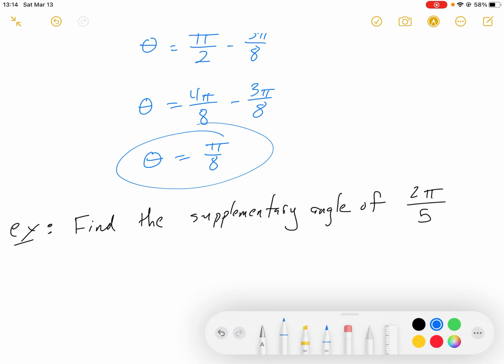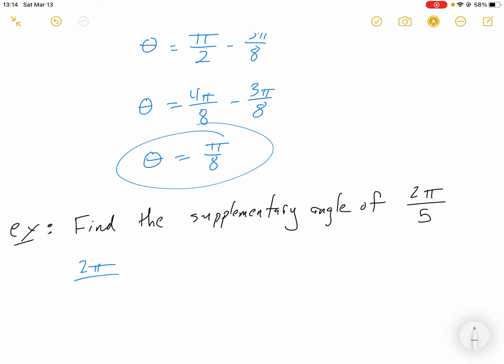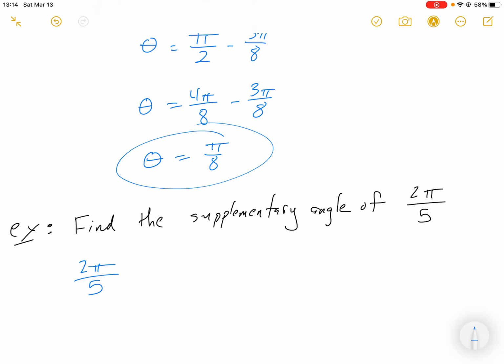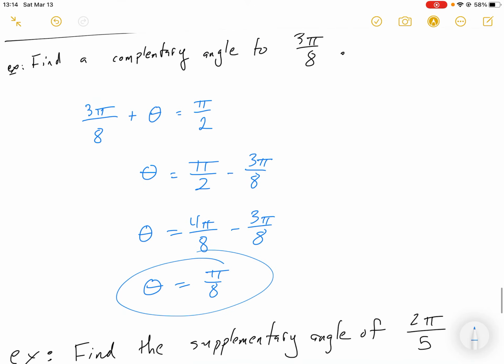Now in this problem, we need to get them to add up to pi, right? So, whoa, that's a weird 5. We need this to add up to 180 degrees, which is just pi, right? I don't think I mentioned that up here. Pi over 2 is 90 degrees. That's something you should know off the top of your head, because it's half of pi, and remember pi is 180.